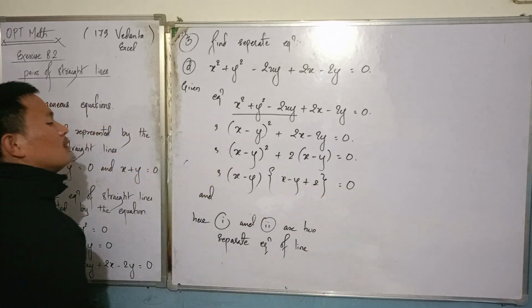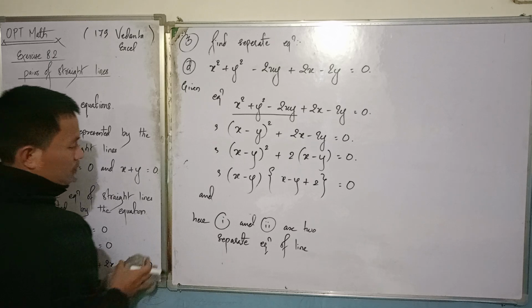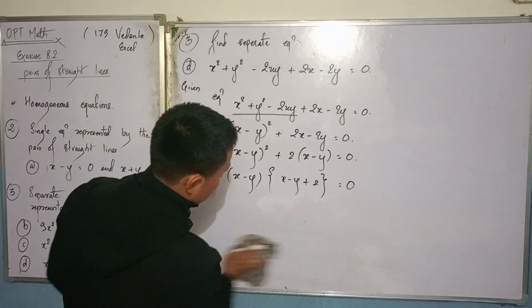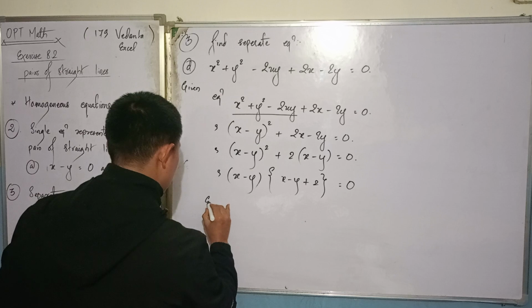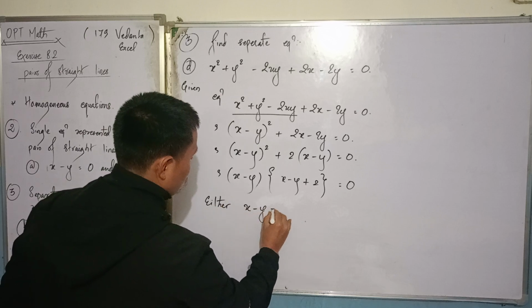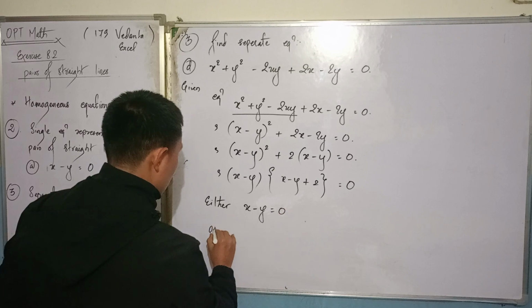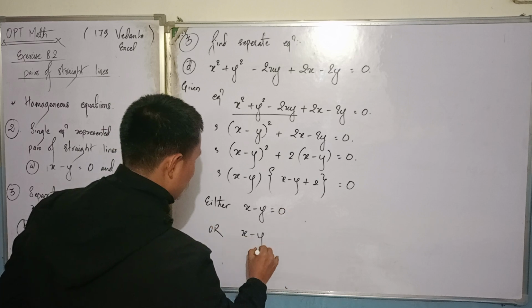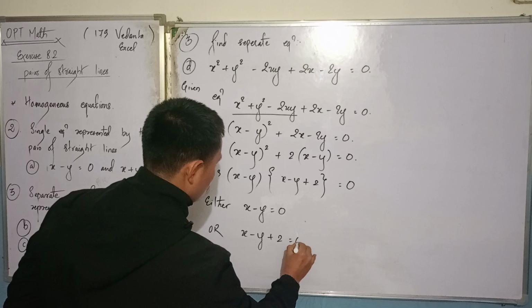Now you can do either x minus y is equals to 0, or x minus y plus 2 is equals to 0.